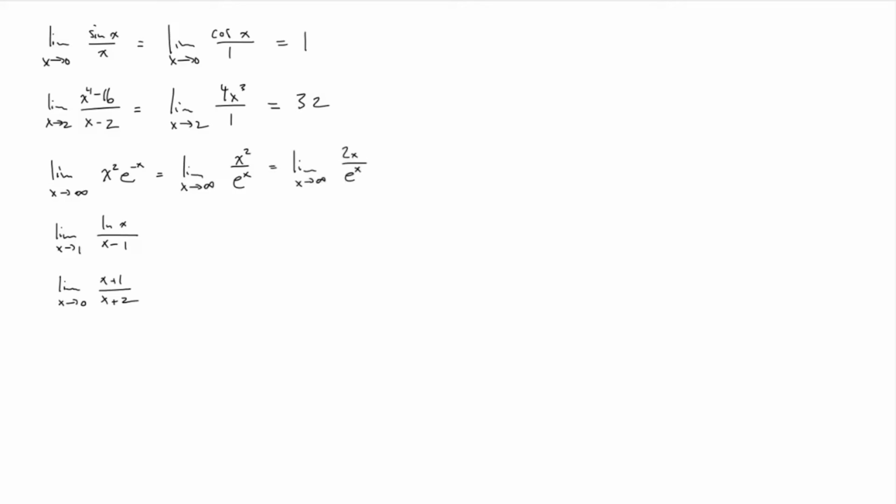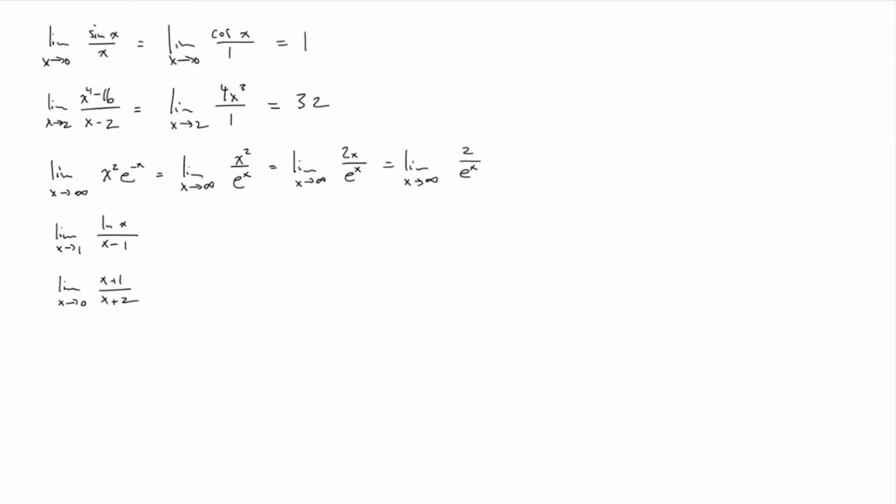By L'Hopital's rule, this limit is equal to the limit of the derivative of the numerator divided by the derivative of the denominator, and the derivative of the numerator is 2x, and the derivative of the denominator is e to the x, and so we get this limit right here. This is also of the form infinity over infinity, and so we can apply L'Hopital's rule again.